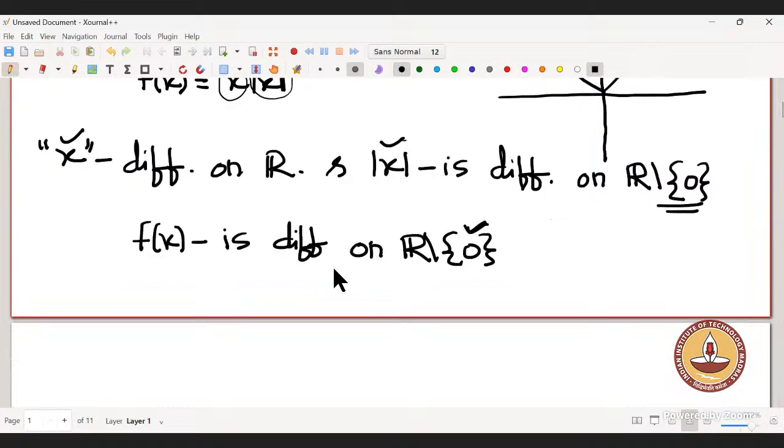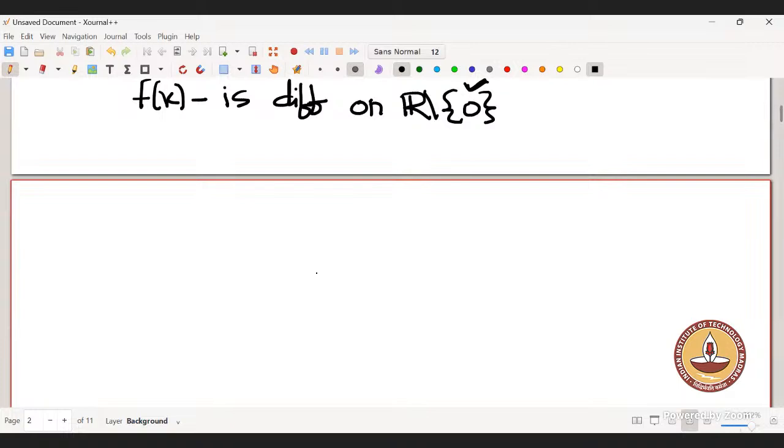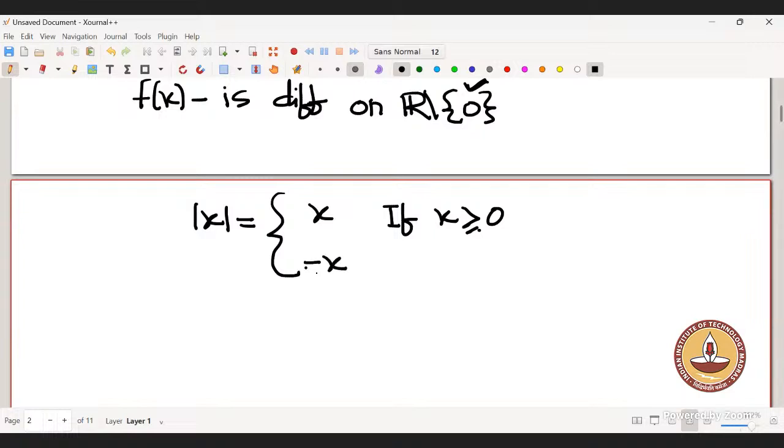Yes. First thing is, if I consider this mod x, it has two possibilities depending on the sign of x. So this is x if x is greater than 0, and this is minus x if x is less than 0.